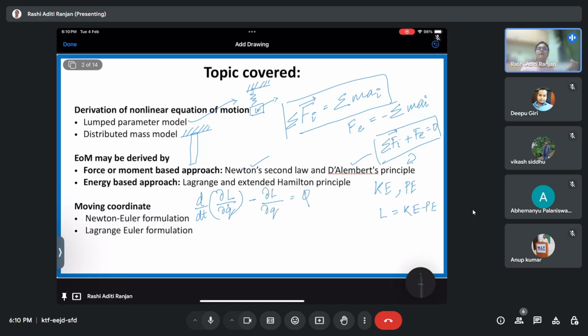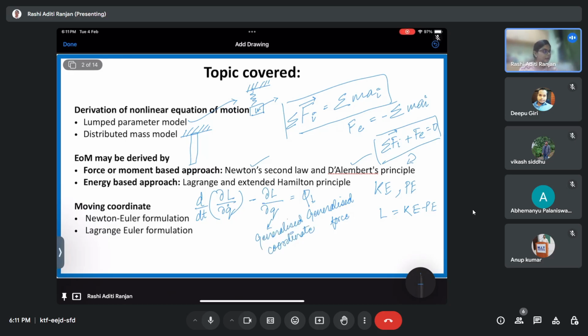Okay, here capital Q is my generalized force and small q is my generalized coordinate.